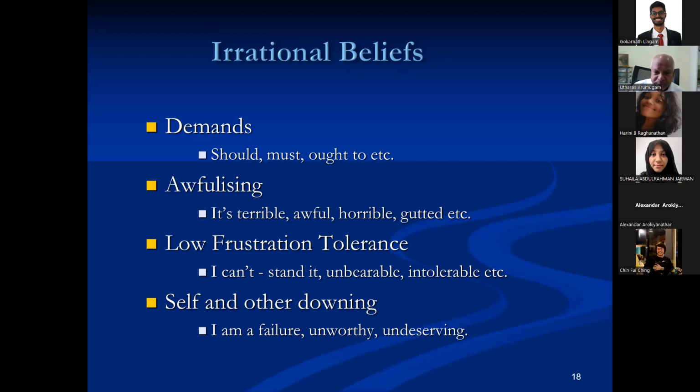Now, when people are demanding, they start awfulizing. Awfulizing is when they use words like terrible, awful, horrible, gutted. They demand that something that shouldn't happen has happened, but it's happened, and they say it's terrible that people behave like that or that things like that happen.